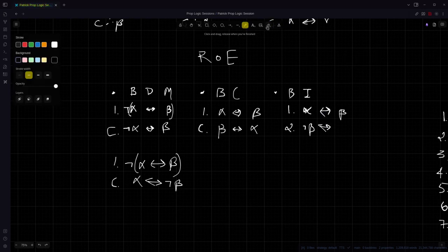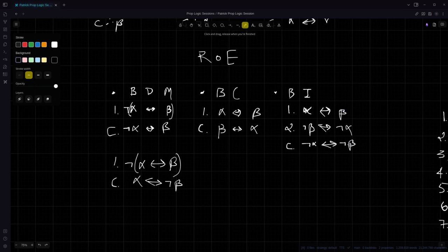So I can just do a contrapositive, and then I can do not alpha, not beta. An easier way to think about it is that if alpha and beta both are true, the biconditional is true.